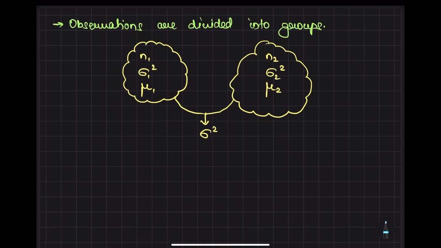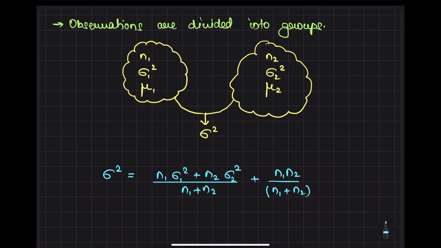The formula looks like this: the combined variance equals (n1 variance 1 plus n2 variance 2) upon (n1 plus n2), plus n1 n2 upon (n1 plus n2) whole square, times (mean 1 minus mean 2) whole square.